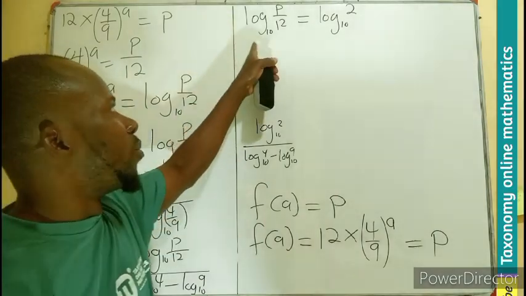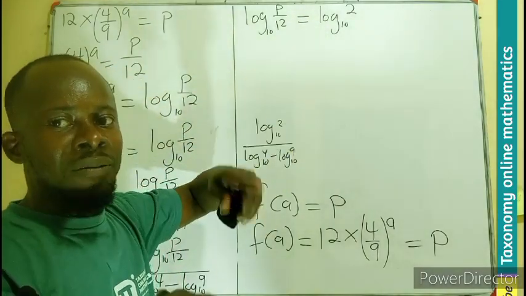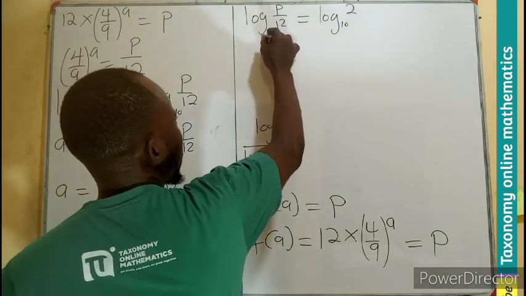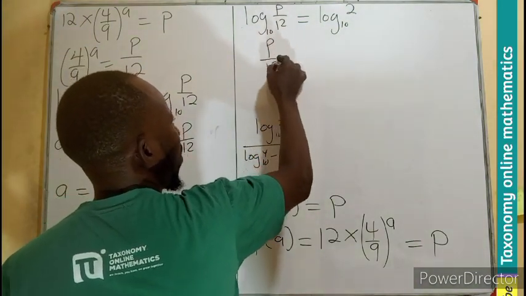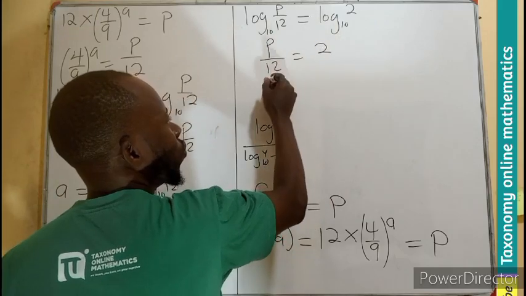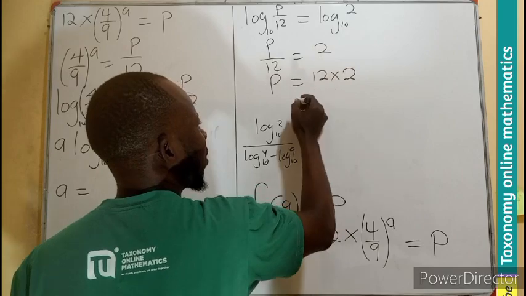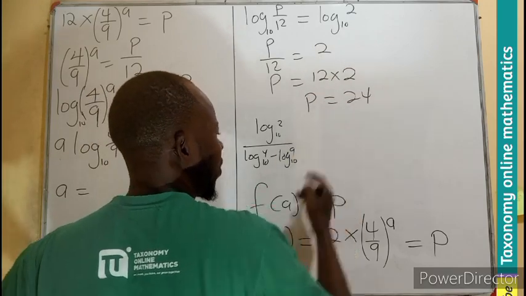Both have log base 10, so we can divide through by logarithm to the base 10 and you'll be left with p on 12 equals 2. So p will be equal to 2 times 12, so p will be 24.